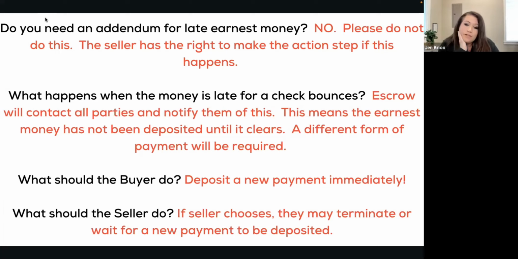So what should the buyer do in this situation? Well, if you have the buyer who has either a bounced check, forgot to deposit the money, or for some reason made it late, I would reach out to them immediately and see if they can get a different deposit, or somehow get that money into escrow as soon as possible. And sellers, if they choose, they can terminate or just wait for it to come in.